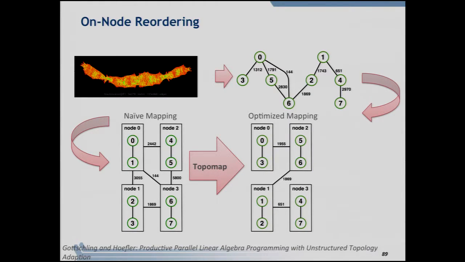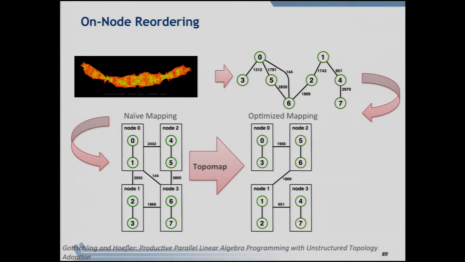So if you just launched it in the naive way, without doing anything, then the job launcher would typically place on node 0 rank 0 and 1. On node 1, it would put rank 2 and 3. On node 2, it would put 4 and 5. And then on node 3, it would put 6 and 7. Let's say they have 2 cores on each node, so that's why it's putting two MPI ranks on each node.